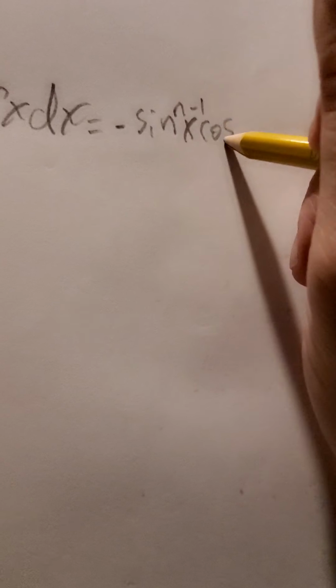The integral of sine to the nth of x dx equals negative sine to the n minus 1 of x cosine x plus, I'm going to take the constant outside, which is n minus 1.